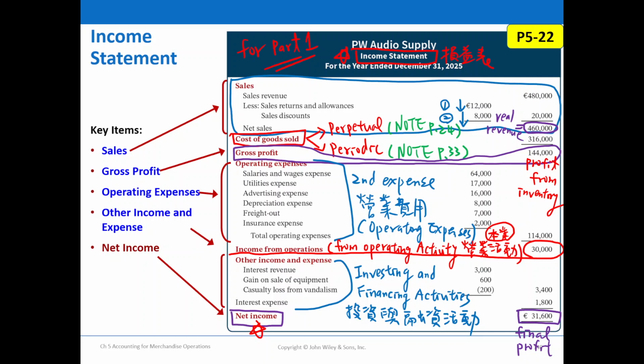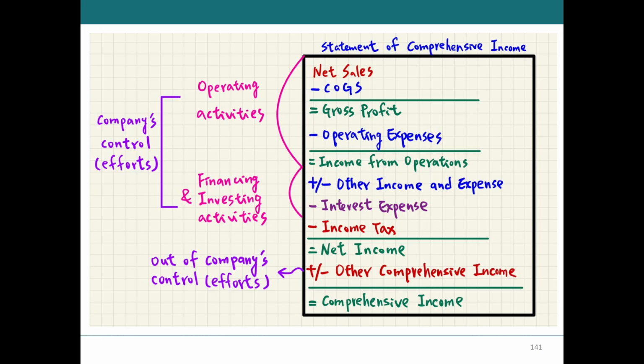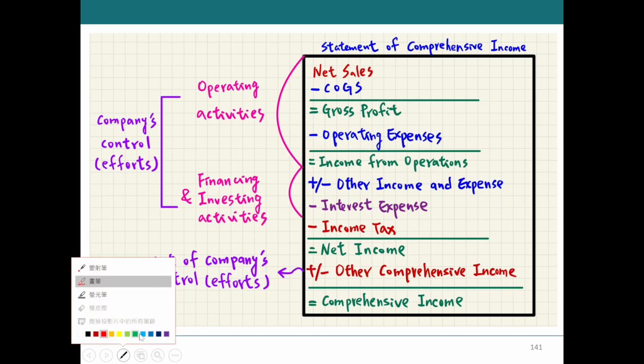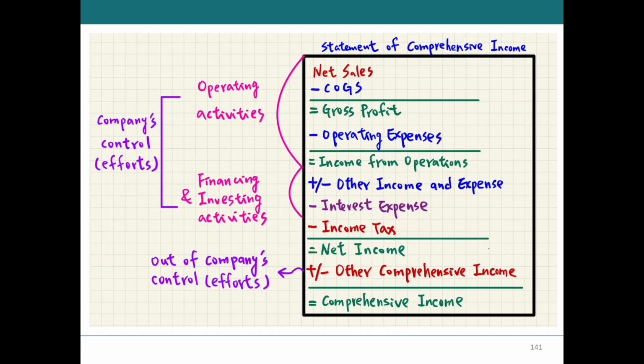So what's part two on your next page? Here, did you find it? Our part two is what? After net income, we consider other comprehensive income. Here is our part two.